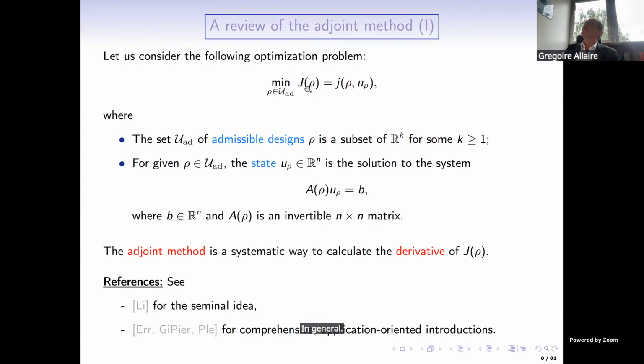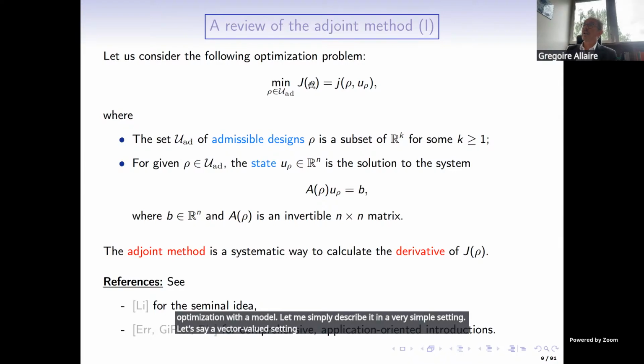if you do optimization with a model, let me simply describe it in a very simple setting. Let's say a vector valued setting. The optimization variable is rho. Think about the density, but the objective function not only depends on rho, it also depends on the solution of a state equation u index rho.